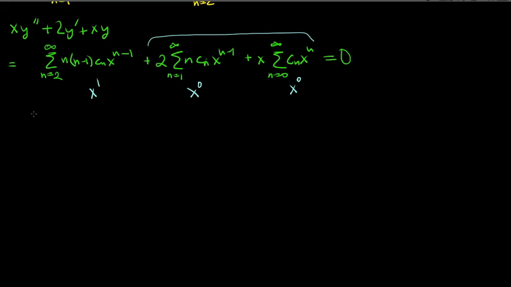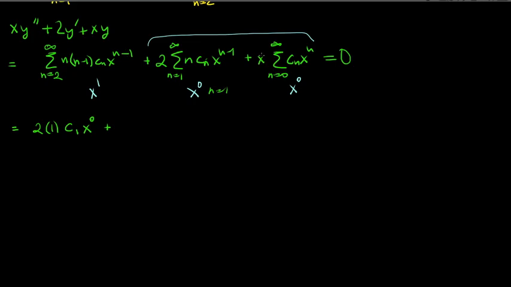And so the x to the 0 term is going to be, well, 2 times 1. Remember, n is 1, the exponent is 0. So this will be 2 times 1, that's the n, times c1 times x to the 0, plus, and then, oh, you know what?